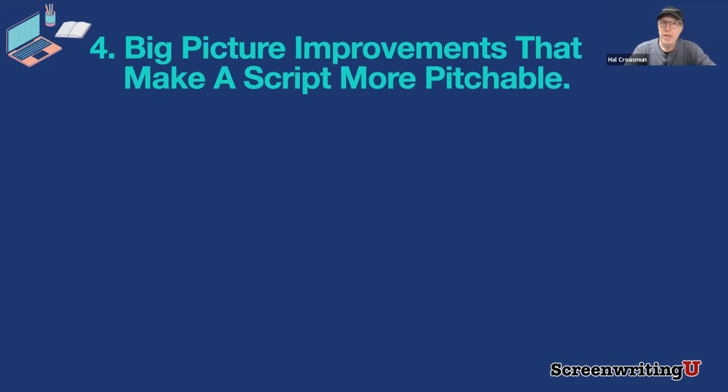And for them, the pitch isn't you telling the story. The pitch is them going, oh my God, I can sell this, right? So there's something that causes them to believe that they could get funding for it. They could get actors. They could get a director to sign on. They could get a streamer to say yes to this.